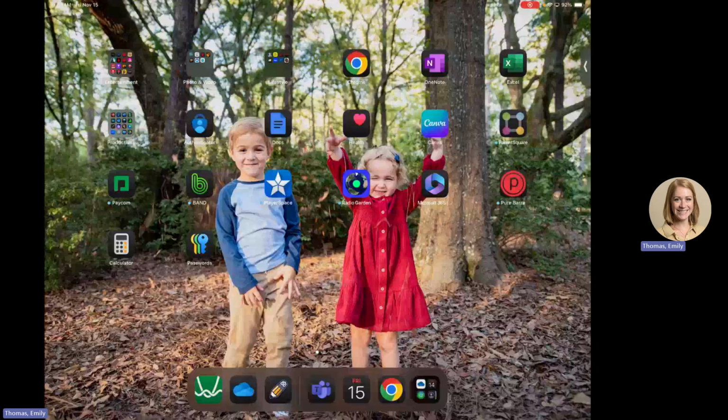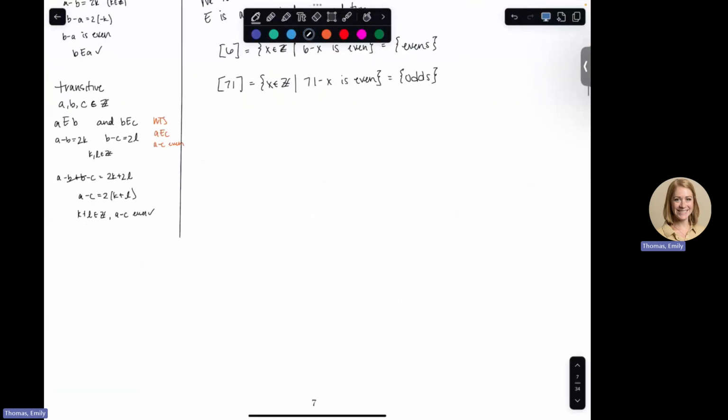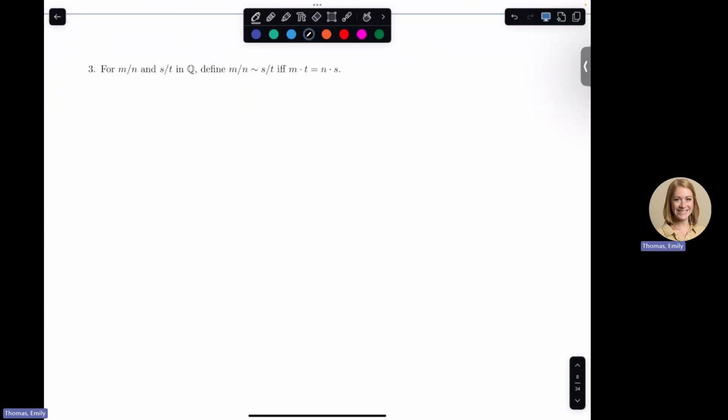No? Great. Let's keep going. So M and N and S and T are in the rational numbers. What does that mean about M, N, S, and T? They're integers, yes. And what about N and T? That's not the exclusion sign, that's the other way. Right, this is division. These are fractions.